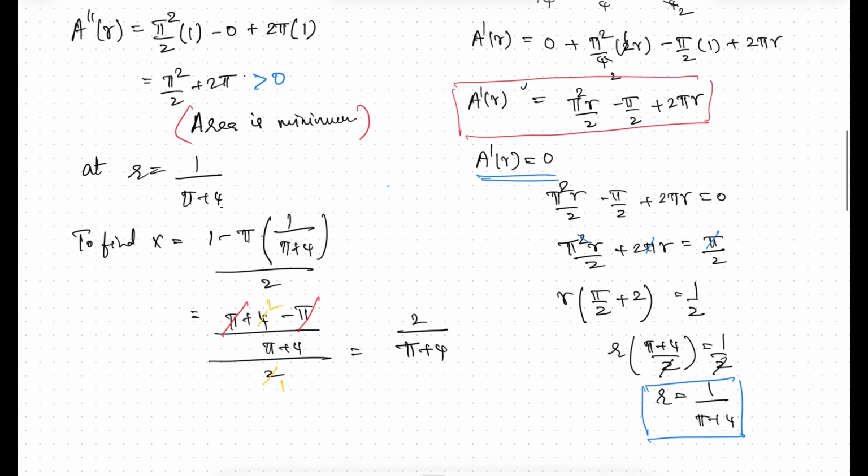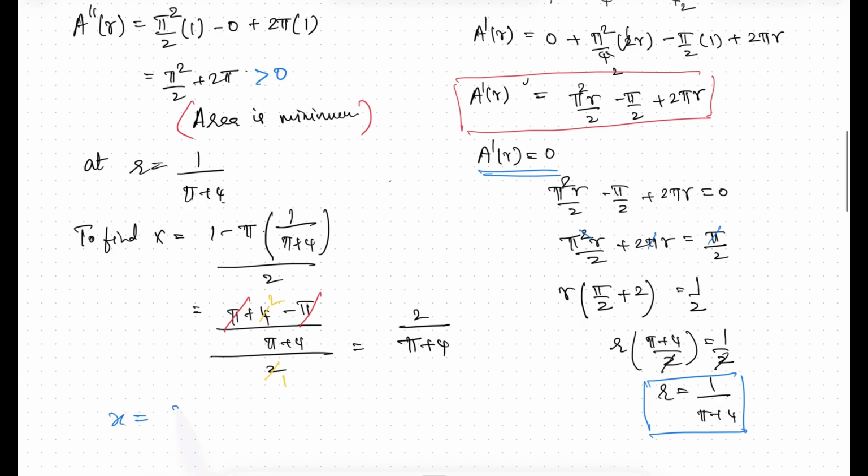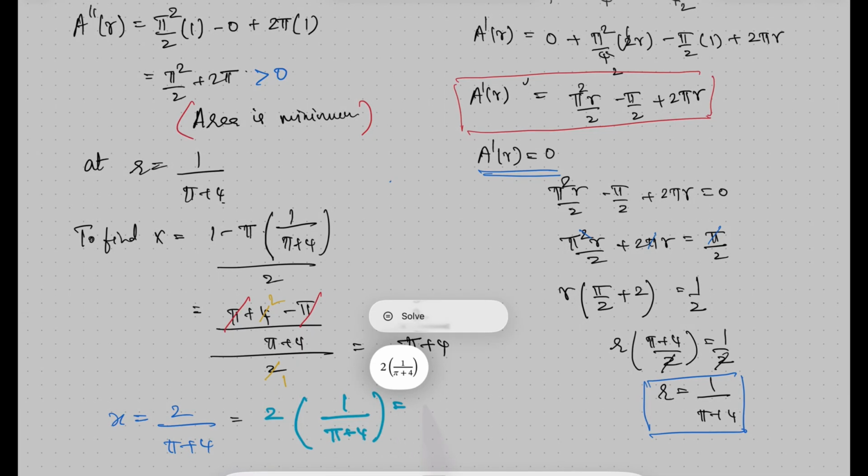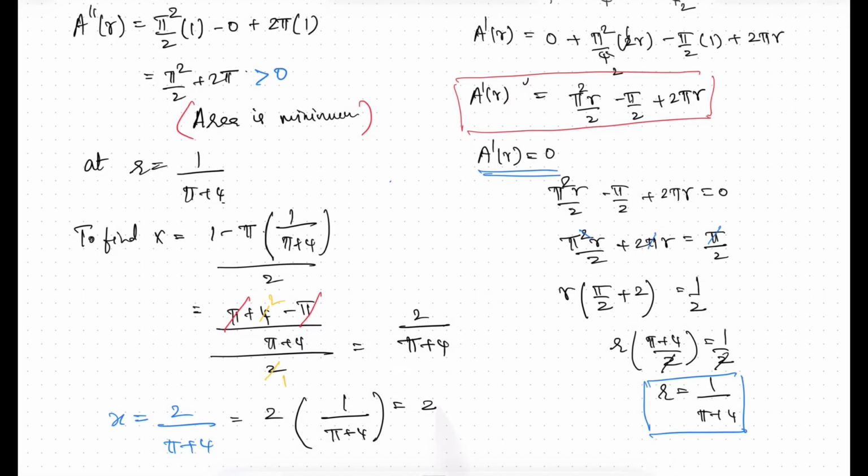Since I've written x as 2 by pi plus 4, it is technically 2 times 1 by pi plus 4, and 1 by pi plus 4 is r, right? So it is 2 times r. So x is equal to 2r is the solution for this particular question.